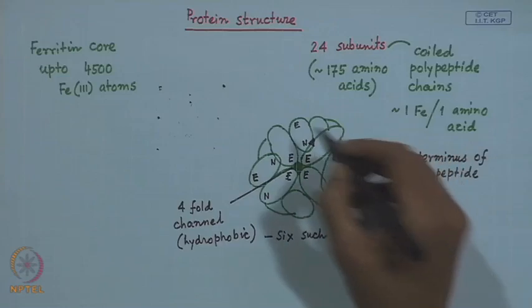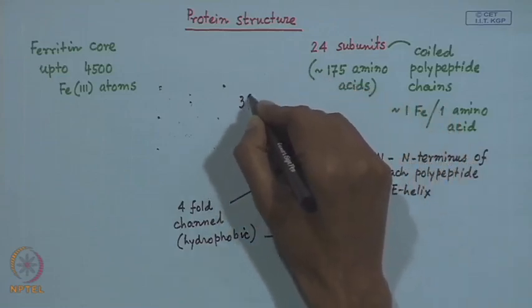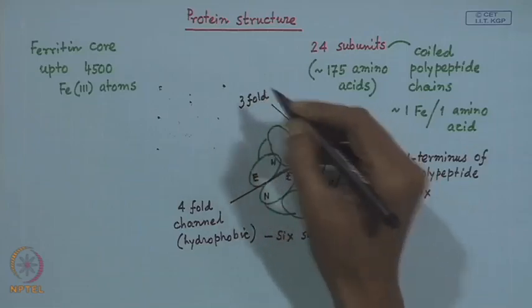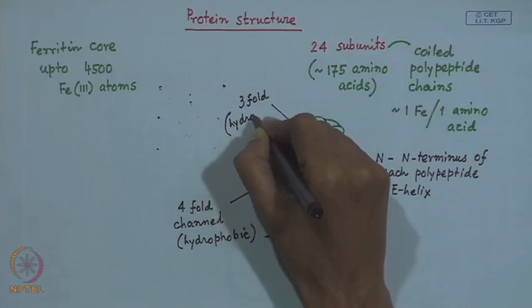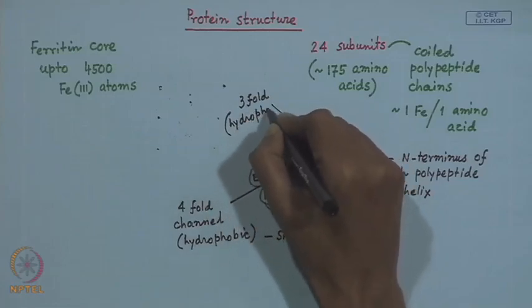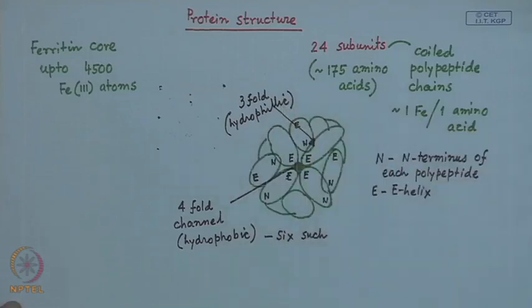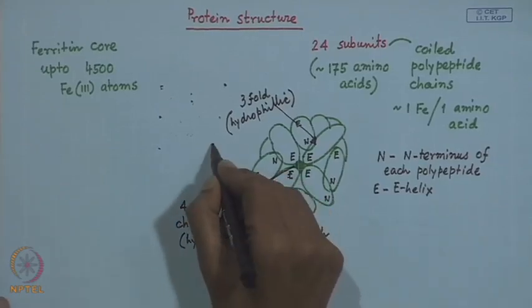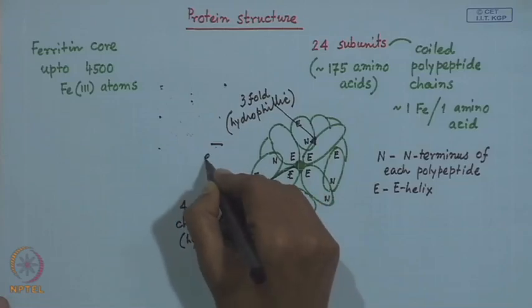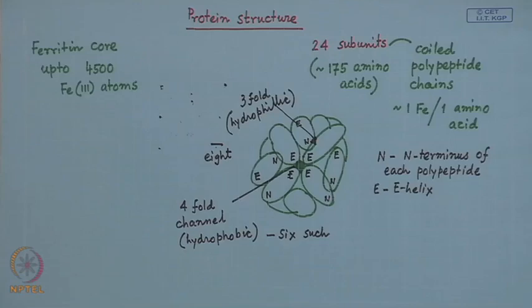Then on the side of these, basically somewhere here, you have a 3-fold channel, which is hydrophilic in nature. So, how many would there be? 3-fold? 8 such 3-fold channels will be there.